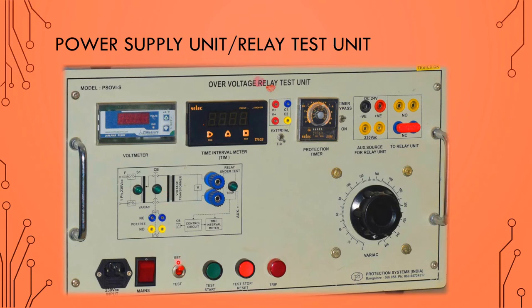But in set mode, the relay will give the trip signal, but it will not come to the circuit breaker. It will be bypassed through this switch. So this is the important switch for this power supply unit. Without this switch, you cannot test the relay.